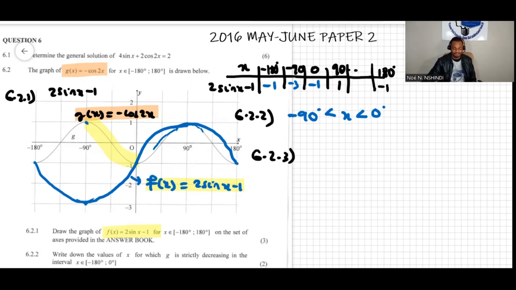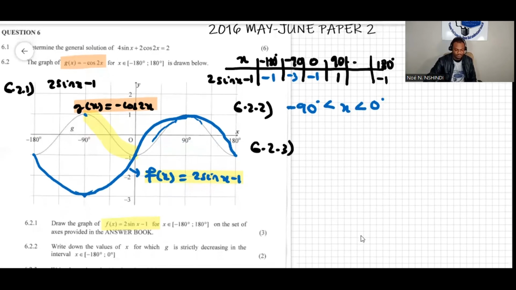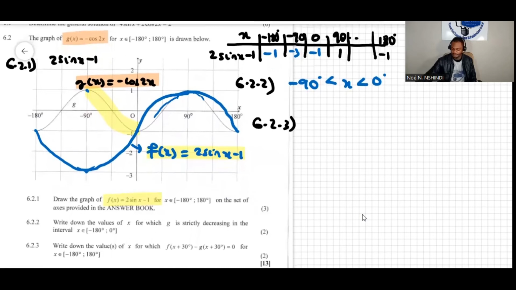The question says, let's just move it a little bit so we can see. The question says, write down the value or values of x for which f of x plus 30 degrees minus g of x plus 30 degrees equals 0, for x in the interval from negative 180 degrees to 180 degrees. Okay, how can we do that?